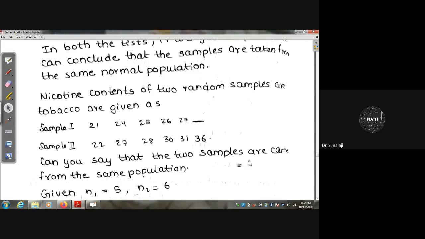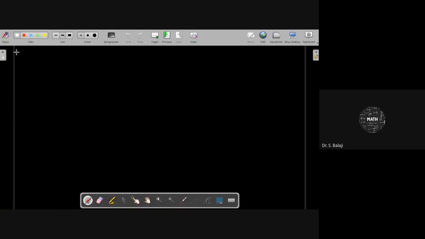Solution of the second problem here. Sample 1: 21, 24, 25, 26, 27.